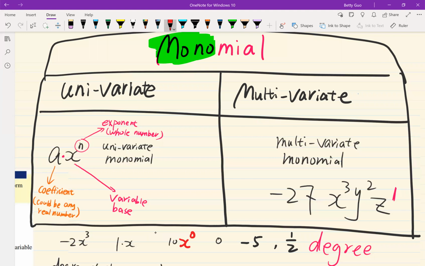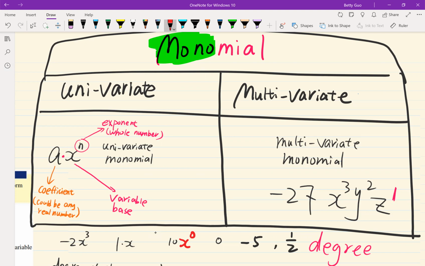Yes, because x to the power 0 is 1, right? So we could write 10 as 10 times x to the power 0. What's the coefficient? What's the variable base? What's the degree? The degree is 0. Is 0 a whole number? Yes. So is the number 10 a monomial?